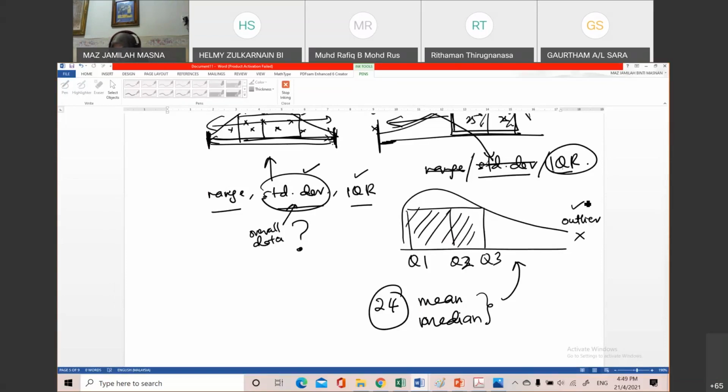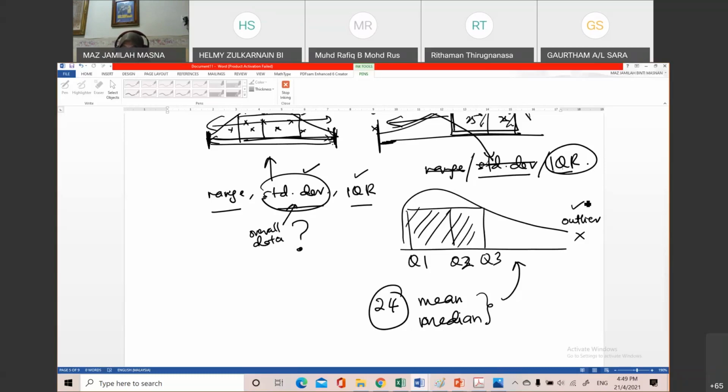Median. Why median? Because it is the center. Center of mode and mean. It's always in the middle of mode and mean, and that will be reflecting your distribution.